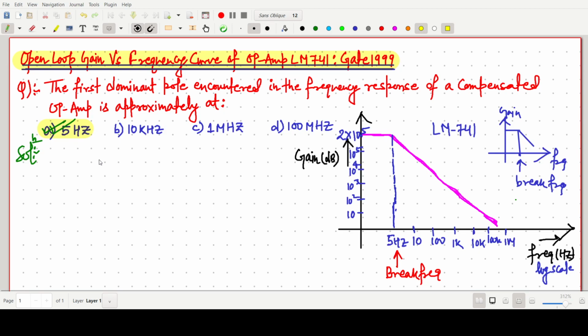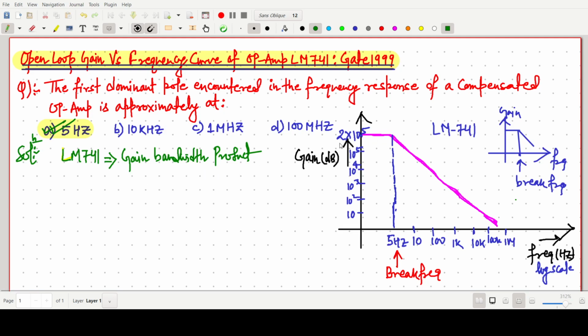In addition to that, in an op-amp IC like the LM741, there is a very famous term, the gain bandwidth product. As the name says, it is the gain and the corresponding frequency.